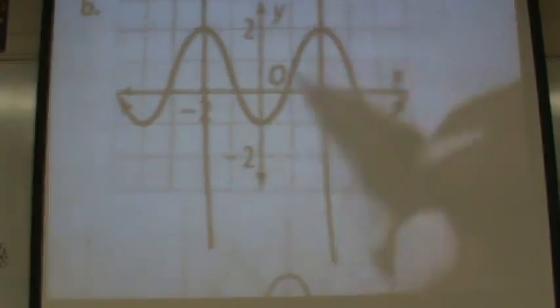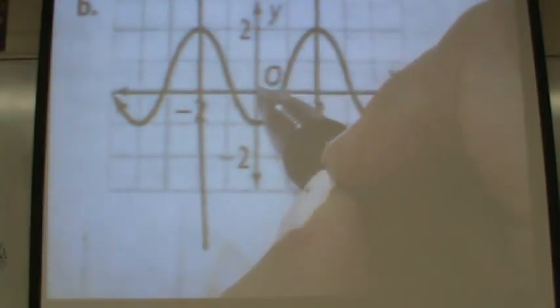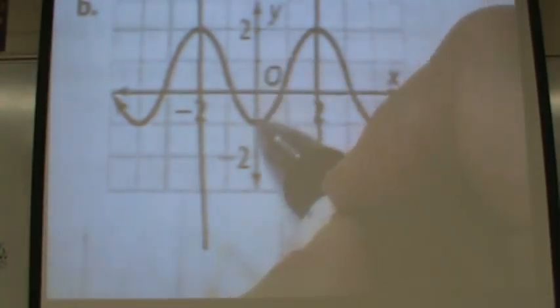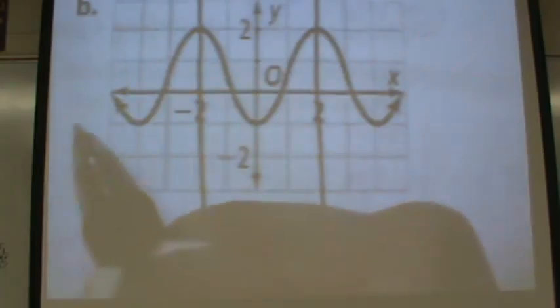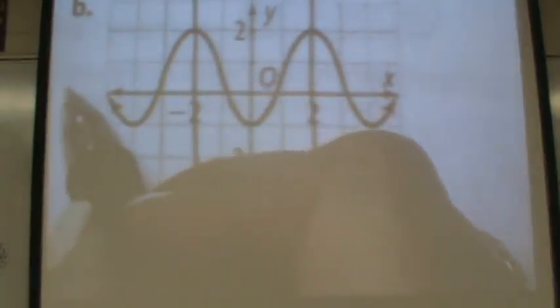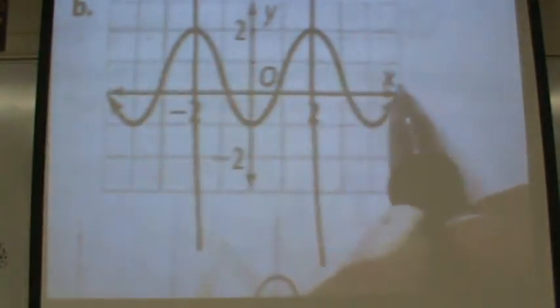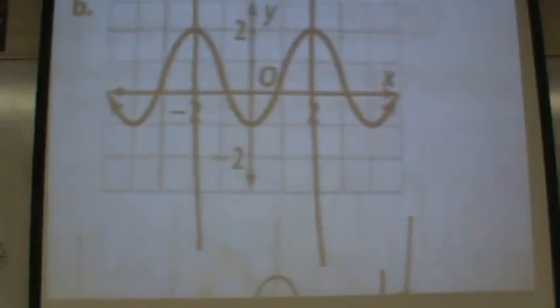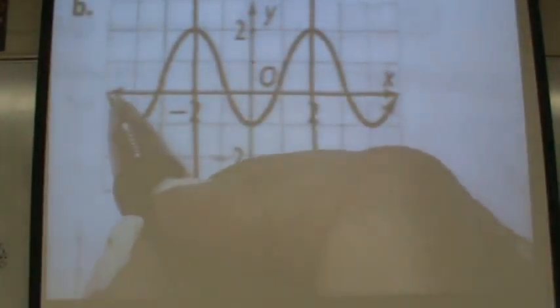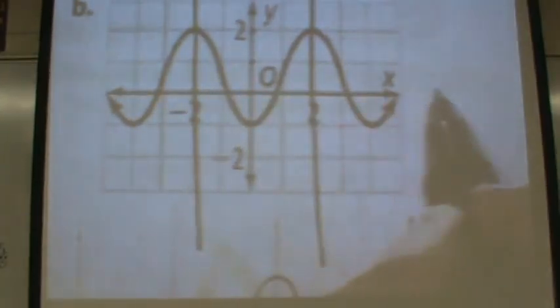See these boxes? They go up by 1. We have 1, 2, and then -1. If I were to cut this graph halfway, what horizontal line would you say is in the middle of this graph?